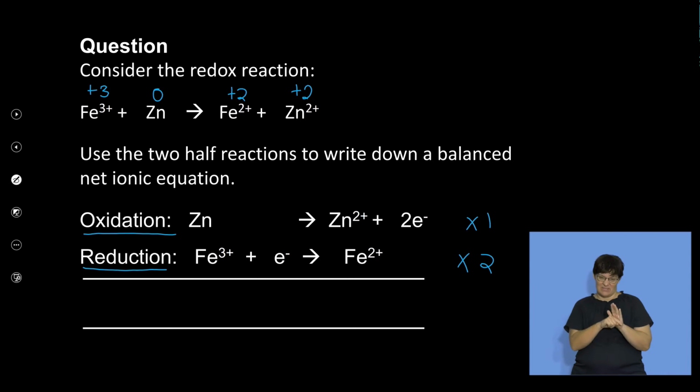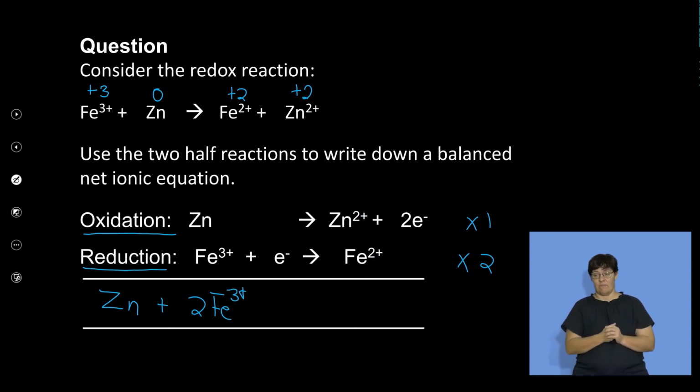So if we multiply zinc by 1, we'll have zinc plus 2 Fe3+. Remember, we're multiplying the reduction half reaction by 2, right? Because the electrons will be the same, 2 for oxidation and 2 for reduction, we can eliminate them.